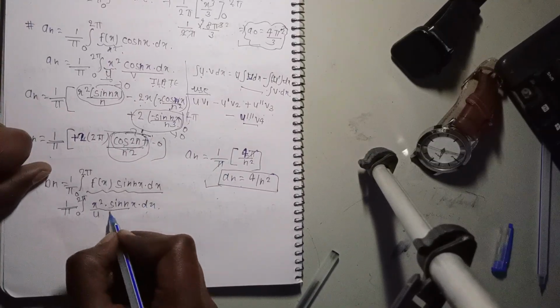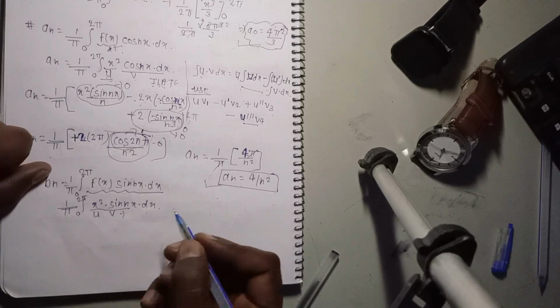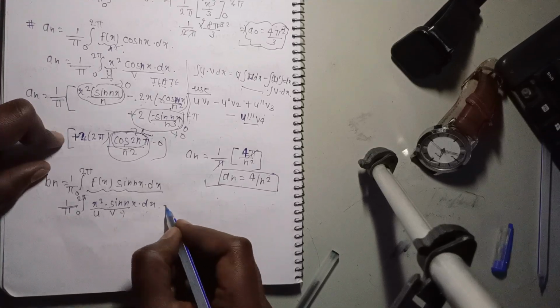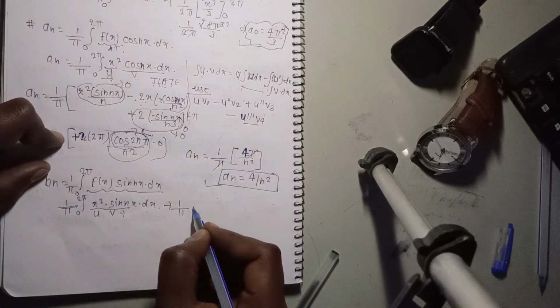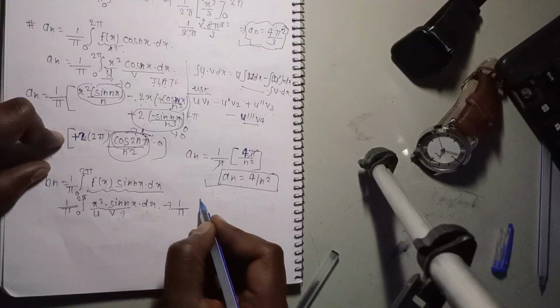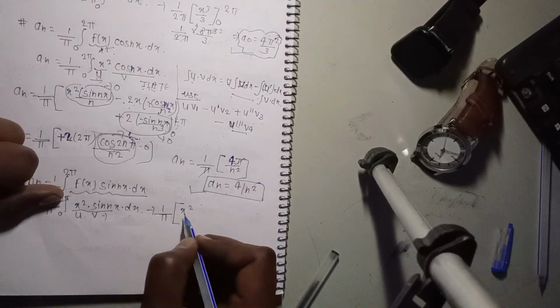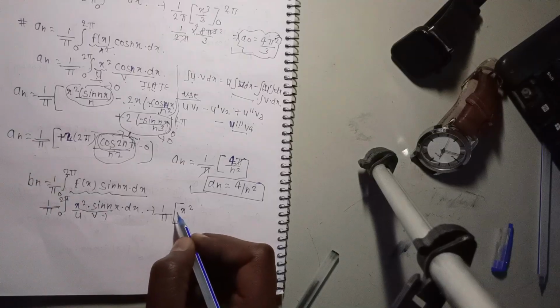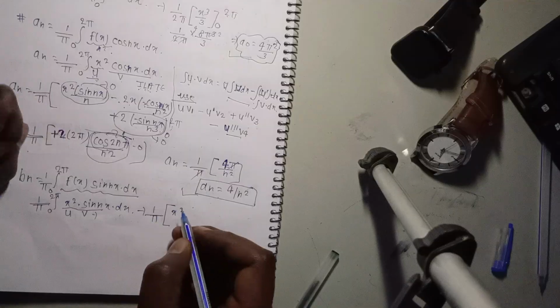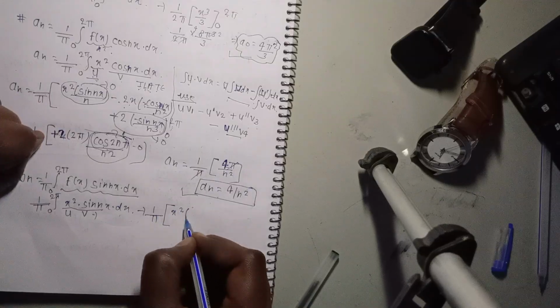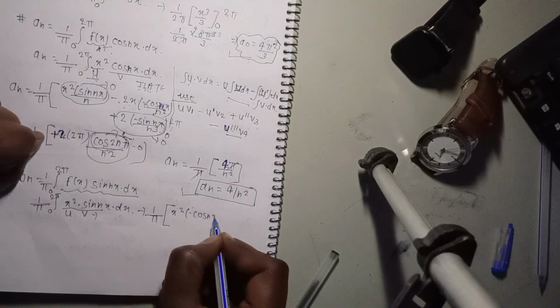Again here the product rule, I'm just directly writing as you all know the formula. So 1 upon pi, integration of this will be x square as it is, with the integral of sin nx being minus cos nx upon n.